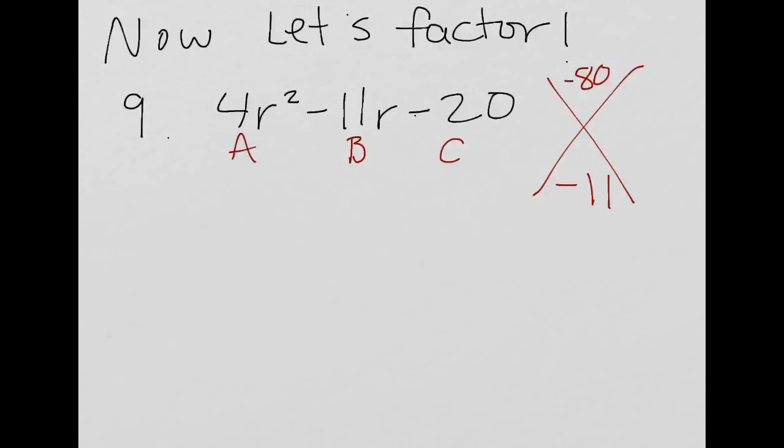So if you're having trouble with that, what you can do is go to your calculator. And if you go to y equals, you can put in negative 80 divided by x. And then hit second graph. And look at your table. And in your table, you'll see some numbers.